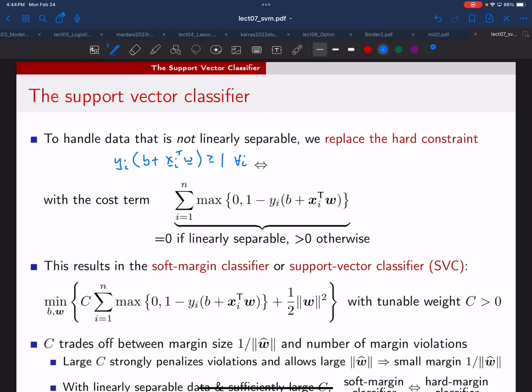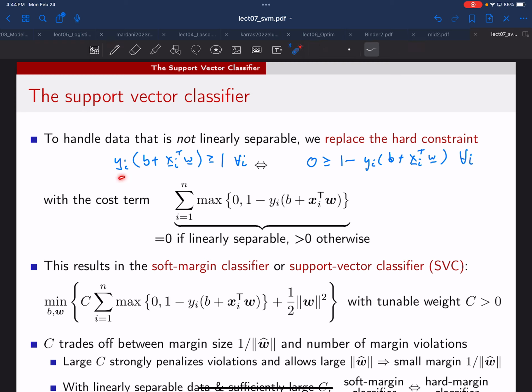So notice that if I have that inequality, I can subtract this term on the left from both sides, and I can equivalently write that as 0 greater or equal to 1 minus yi of b plus xi transpose w for all i.